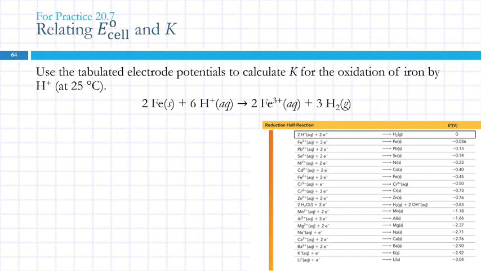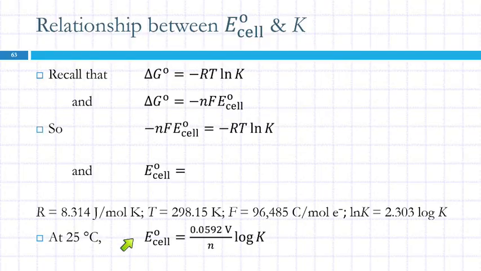Okay, so use the tabulated electrode potentials to calculate K for the oxidation of iron by hydrogen at 25 degrees Celsius. So this is the equation we're going to use.